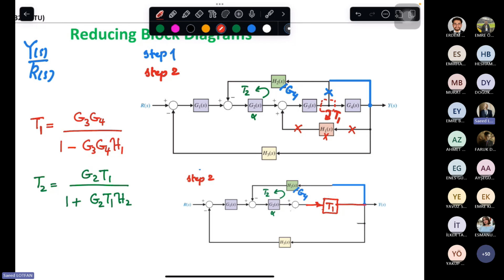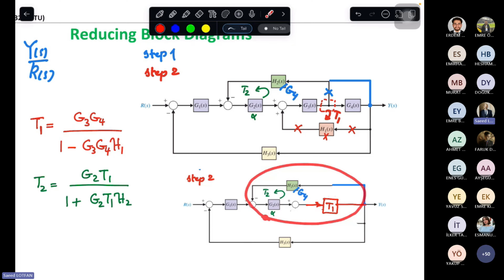Then this part here is again a feedback: G2 T1 divided by 1 plus, because this is minus, 1 plus G2 T1 H2. Now I have T2 here. Now I have this whole feedback, T all.